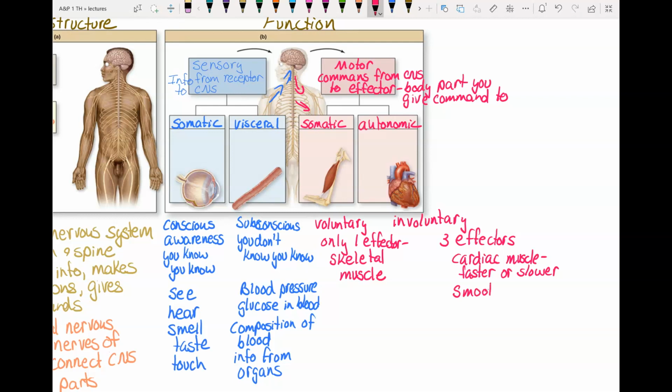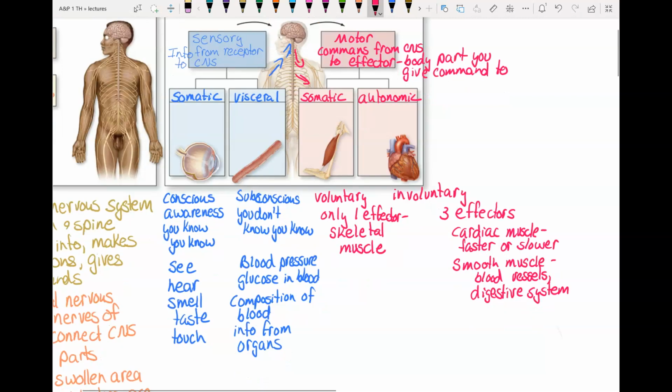Smooth muscle. Examples of smooth muscle include your blood vessels and your digestive system. So when your blood vessels dilate or constrict, depending on your temperature, you don't consciously do that. It happens automatically. Or after you eat lunch, you don't have to consciously sit there and digest your lunch.